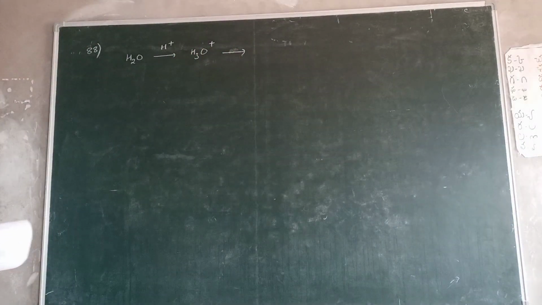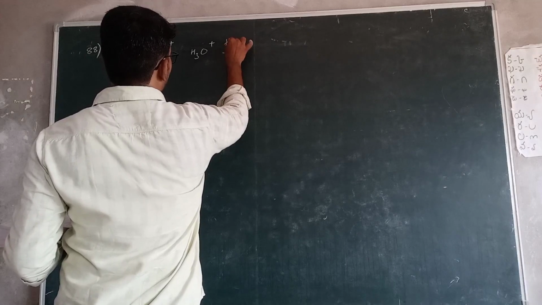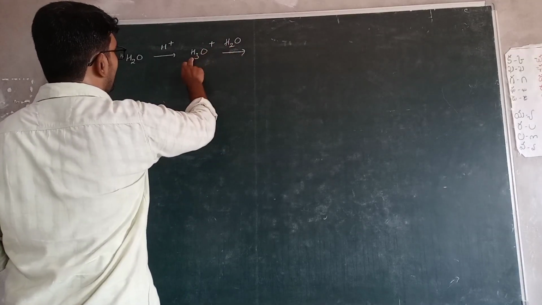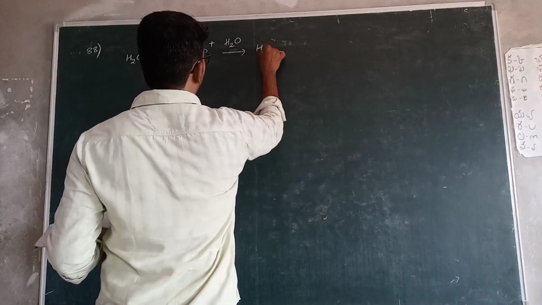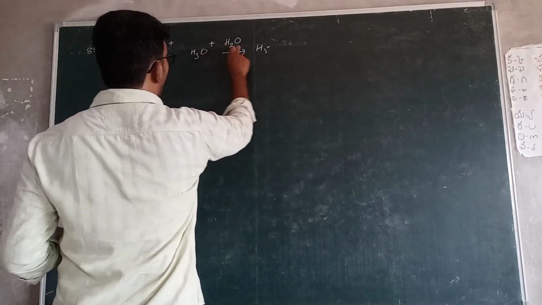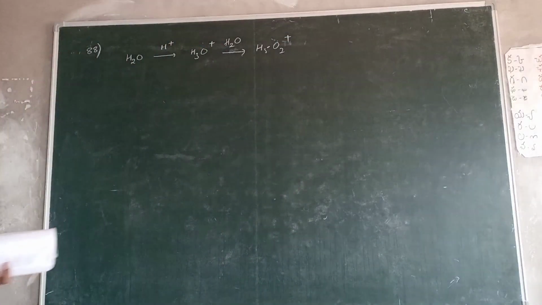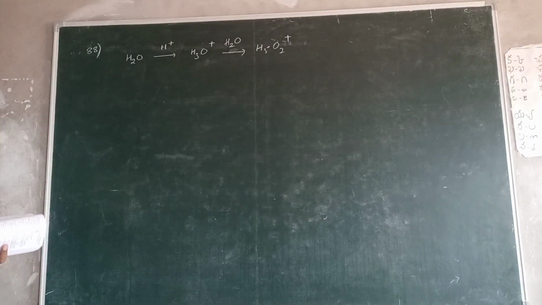Do you understand? H2O plus H plus gives rise to H3O plus. Now we add water for this one because the plus charge is there now. Add H2O, then H5, 3 plus 2 is 5, oxygens 2, O2 plus. H5O2 plus. This is also hydrated.